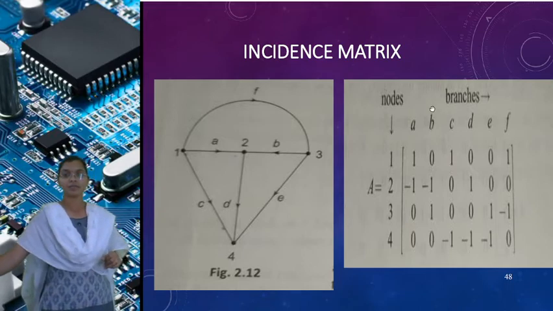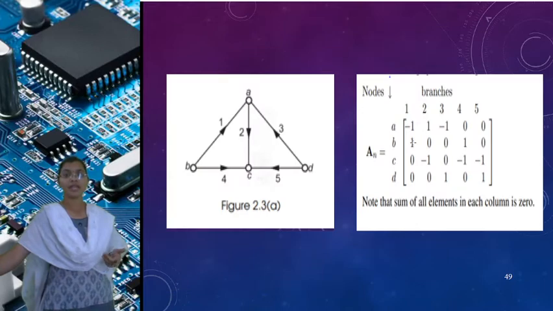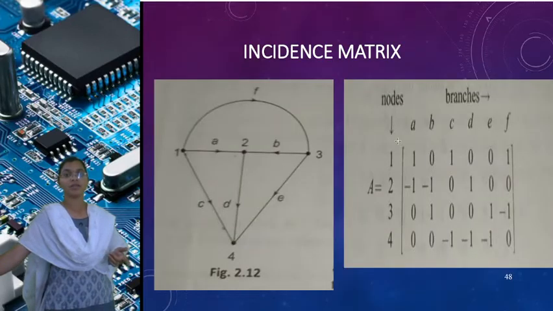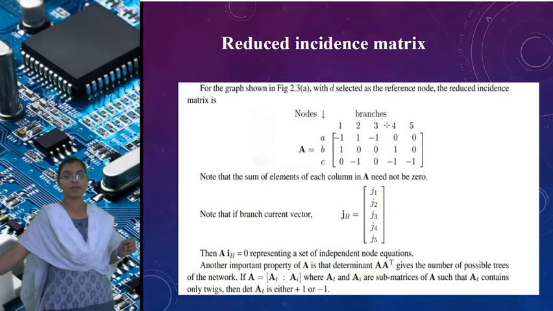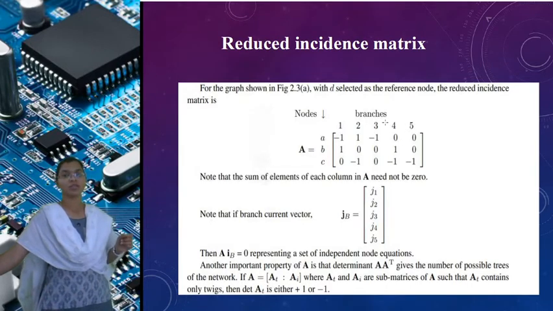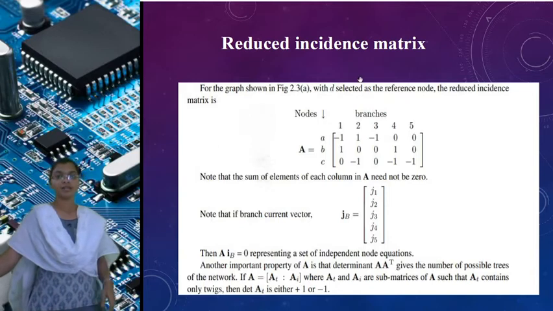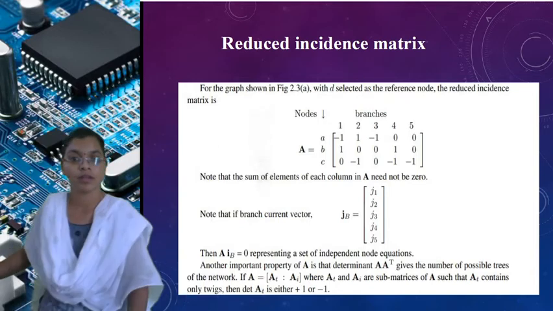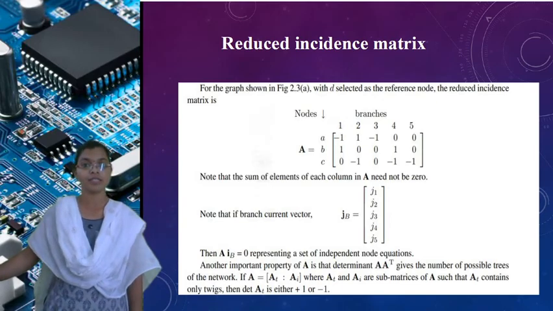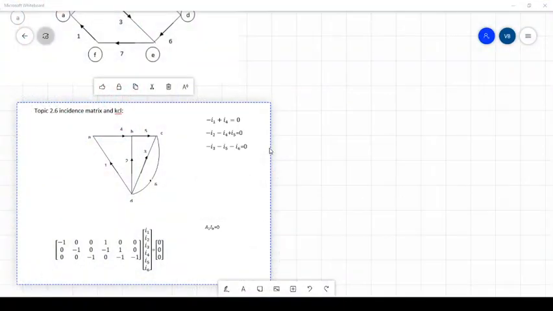So now we'll see. These are the examples, so we can take the nodes as well. By taking the problems, we can solve those problems. So I am sharing the whiteboard here, to show how we are going to draw the trees as well as co-trees here.